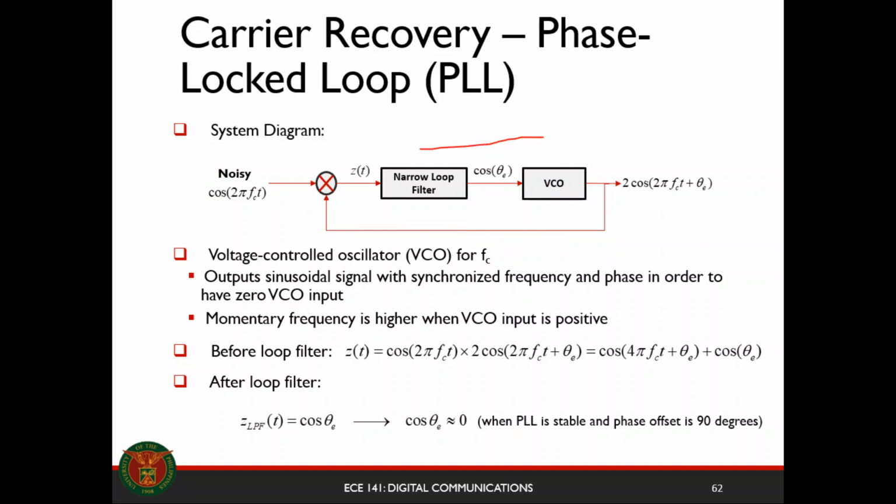At the end of this loop, you have this output right here, and because of the feedback, this theta E becomes approximately 0, and you get your original phase right here. Okay? So that's how you recover the phase of your transmitter.